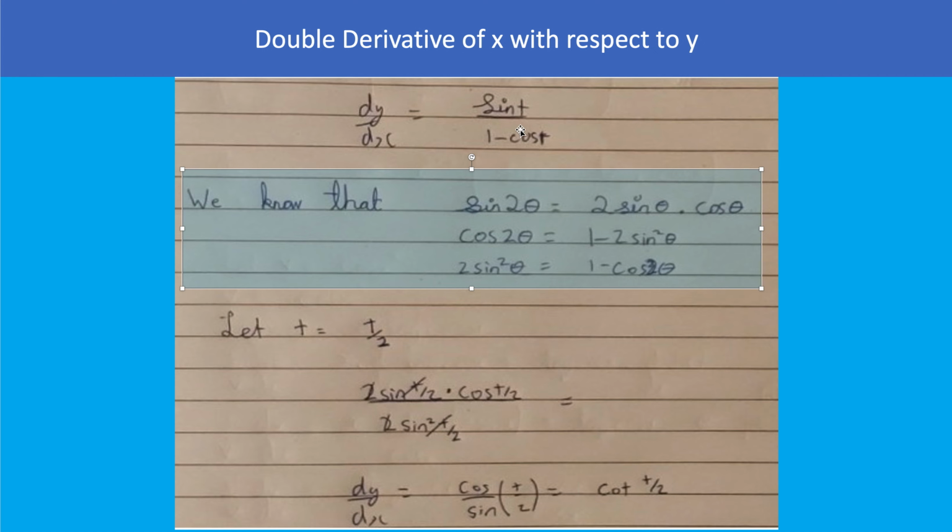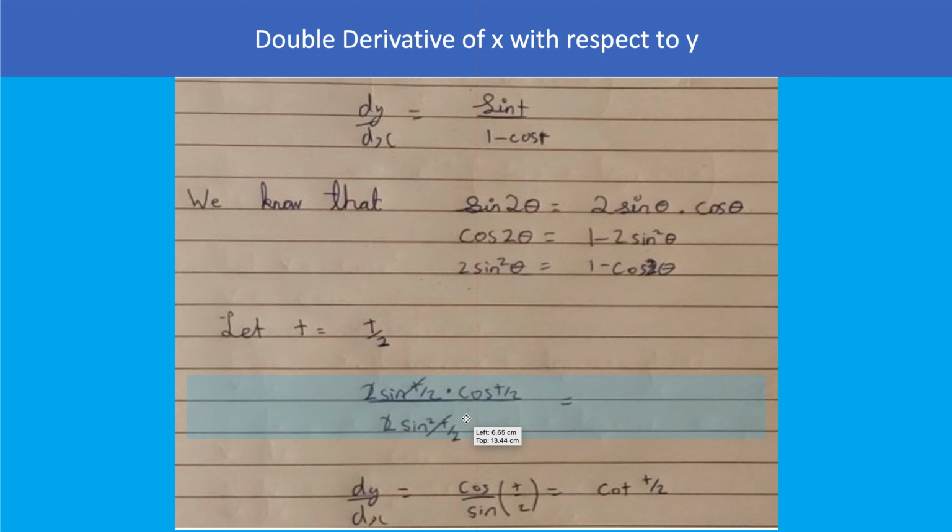And we also know that 1 minus cos t can be written as 2 sin square theta equals 1 minus cos 2 theta. But here you can see 2 theta is being used, and here we only have t. So we can rewrite this t as t upon 2. So 2 t upon 2 is t. So it's the same thing being written in a different way, allowing us to execute these formulas.